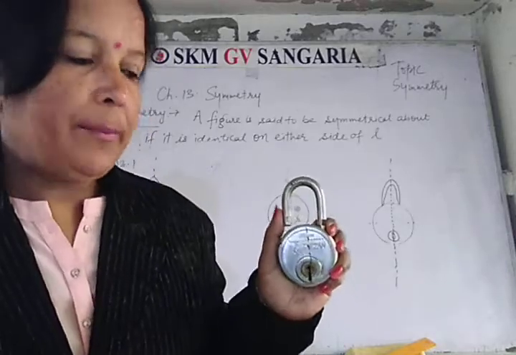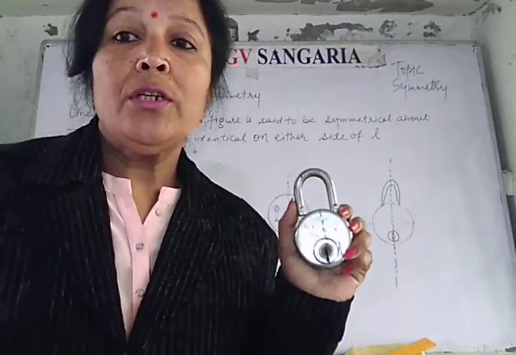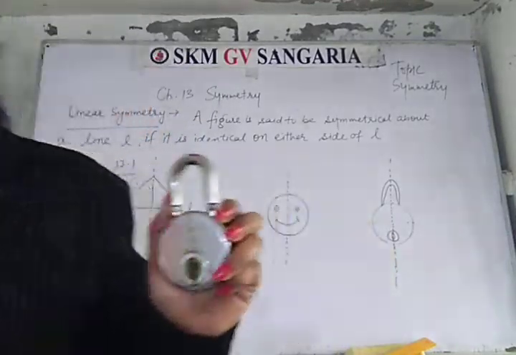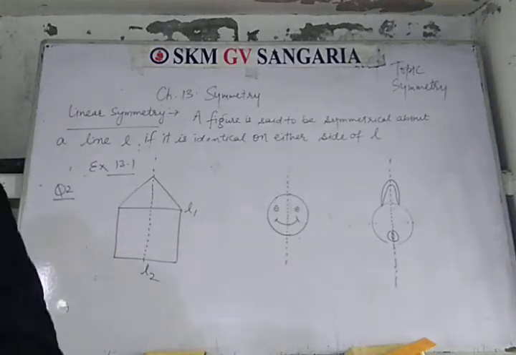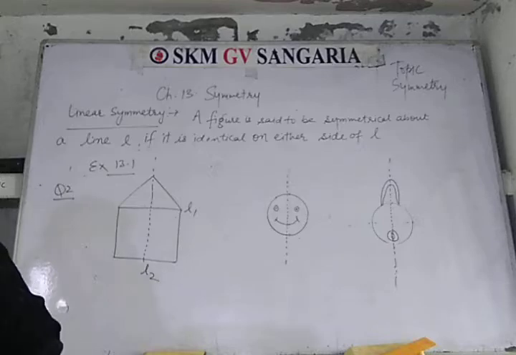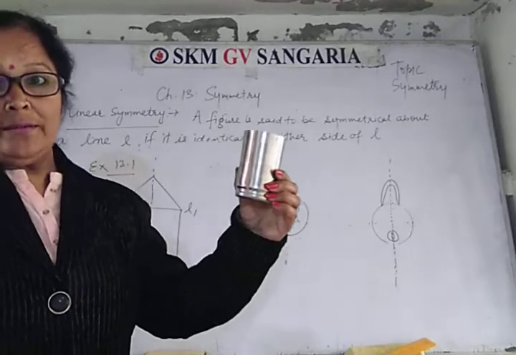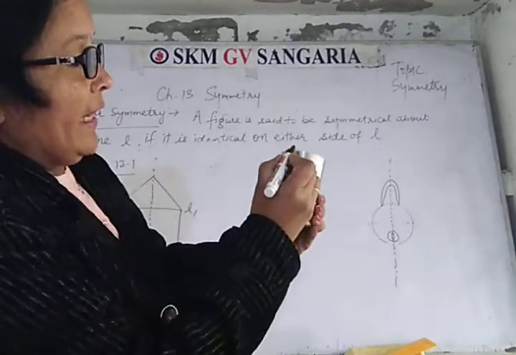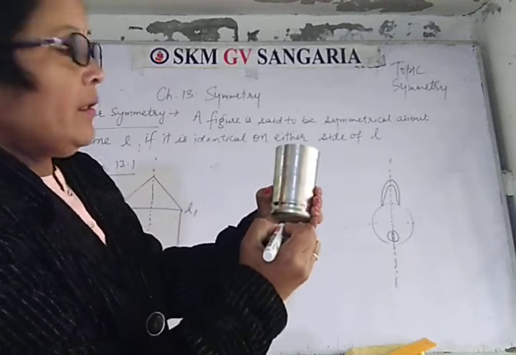Okay, this is the shape here. This is which object? Lock. So one line of symmetry is possible here. Then glass. If the glass is here like that, this is glass, and the line of symmetry can be drawn here.